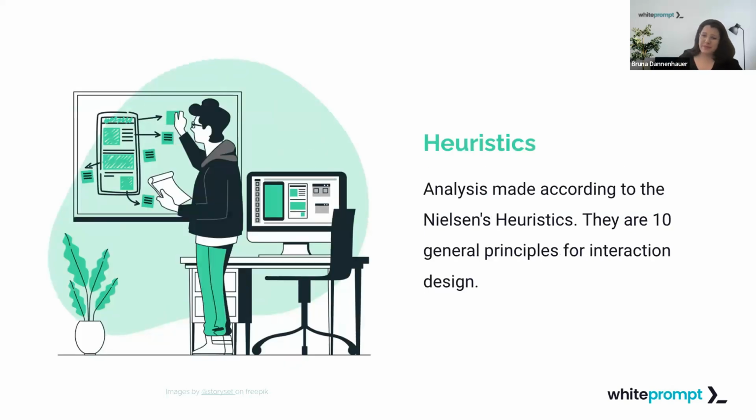The heuristics are a big part of a UX audit, because they are 10 general principles that Jakob Nielsen created for interaction design. It's a way to base your analysis, and a nice way to categorize.